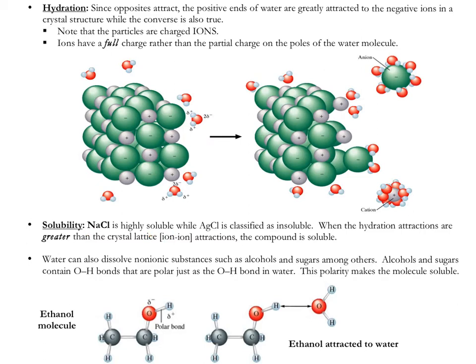But if this same drawing were silver chloride, there wouldn't be a lot of difference. We'd still have a +1 and we'd have a -1, but it would be classified as insoluble because we have two opposing things happening. We've got our sodium to chloride or our silver to chloride, and that is competing with the hydration process, the water attracting the chloride and the water attracting whatever our cation is. If the attraction between water and your ions here is stronger than this attraction, sodium to chloride, it breaks apart, it's soluble.